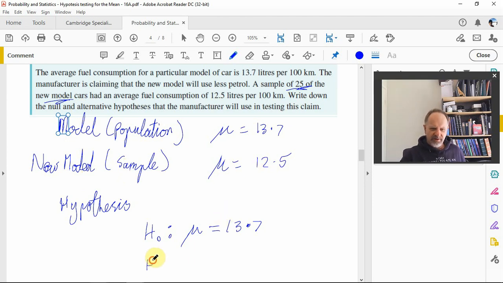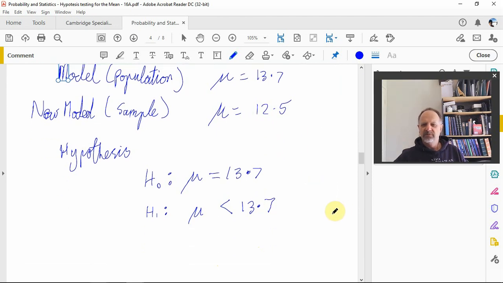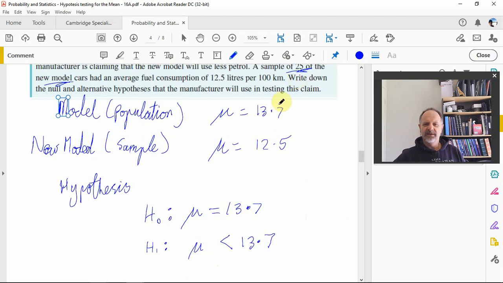The alternative hypothesis, though, says that the mean of these new ones, this number here, is 12.5, and so we're saying this new model, the sample, is representative of a population of the new model, and it's going to be less than that one.